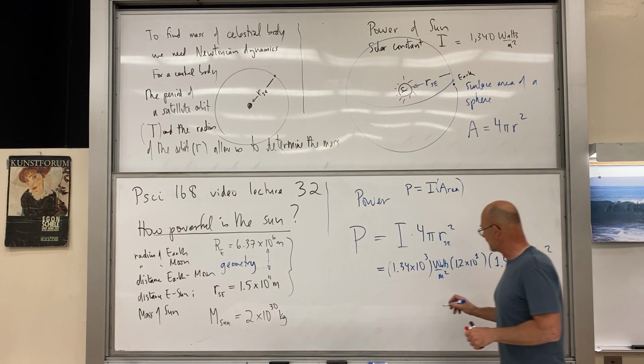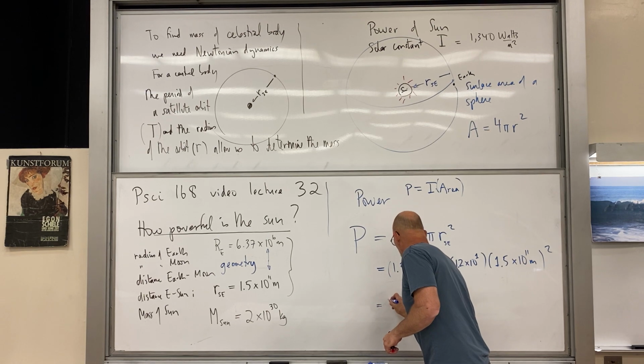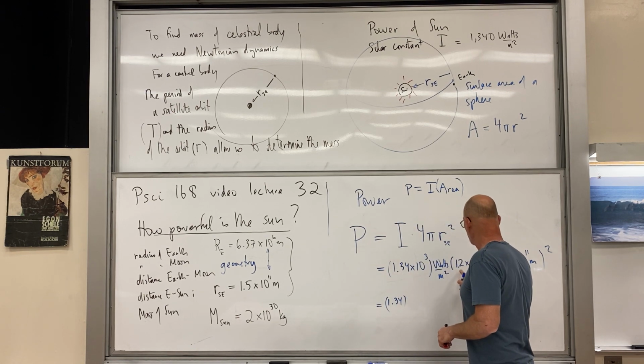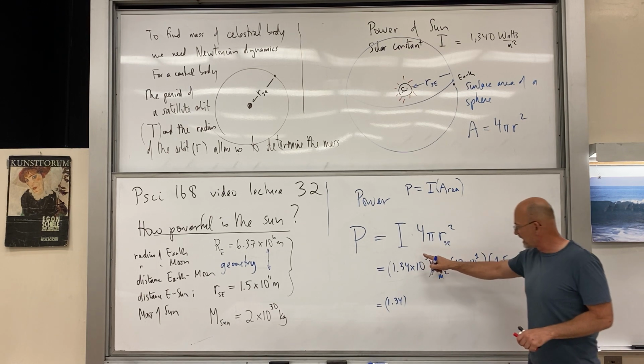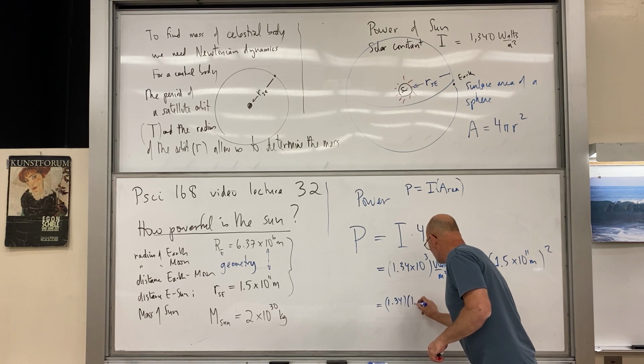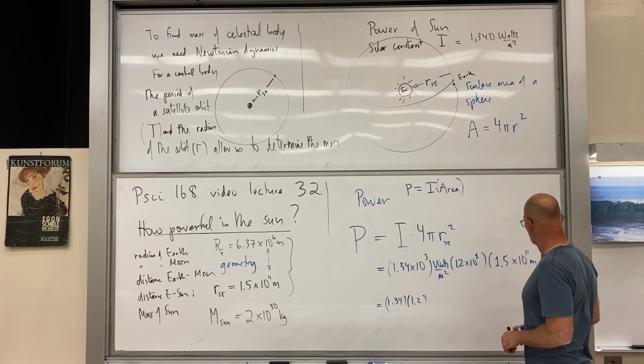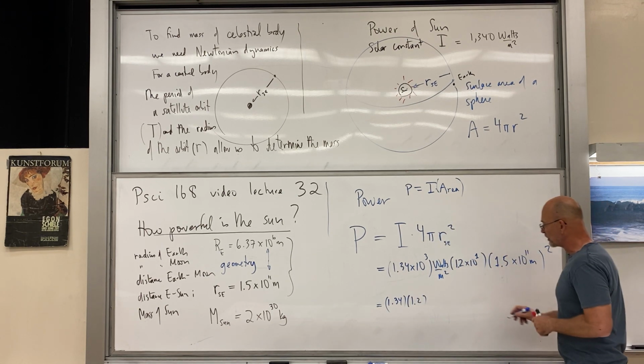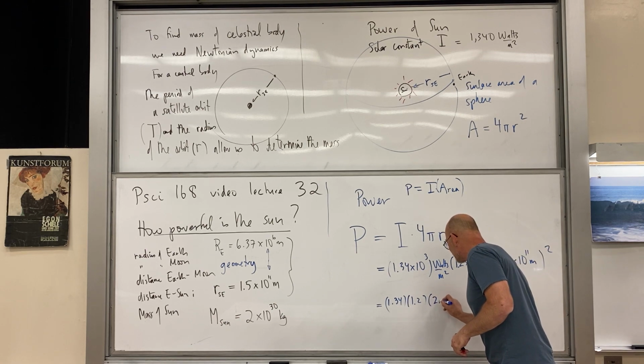So let's see if we can do this. So we have 1.34, and then I'm going to pick up the powers of 10 later. And then we've got the 1.2. The 1.5 squared is 2.25.